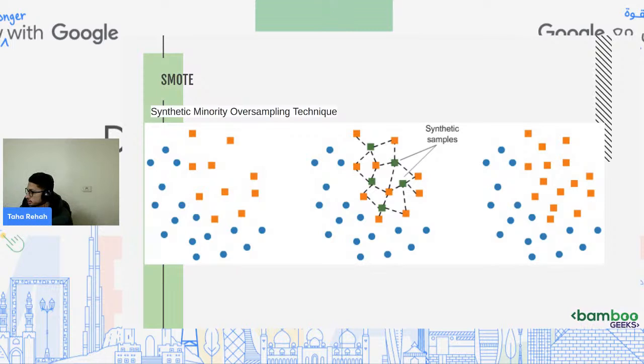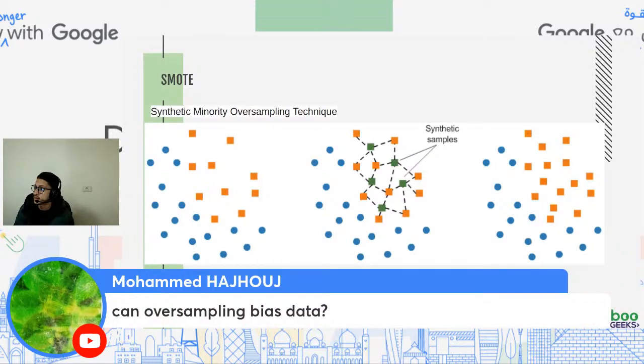I have a question here: can oversampling bias data? Actually, the data is already biased. We can say that it's already biased because it's imbalanced, but it's a normal, implicit bias. And when doing oversampling, I'm actually not biasing.